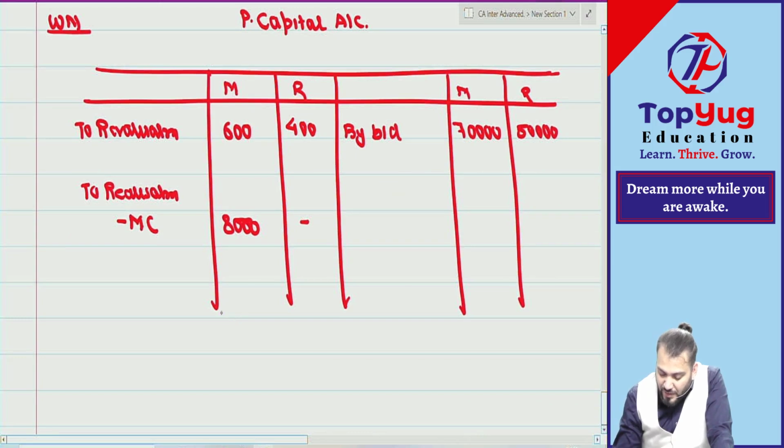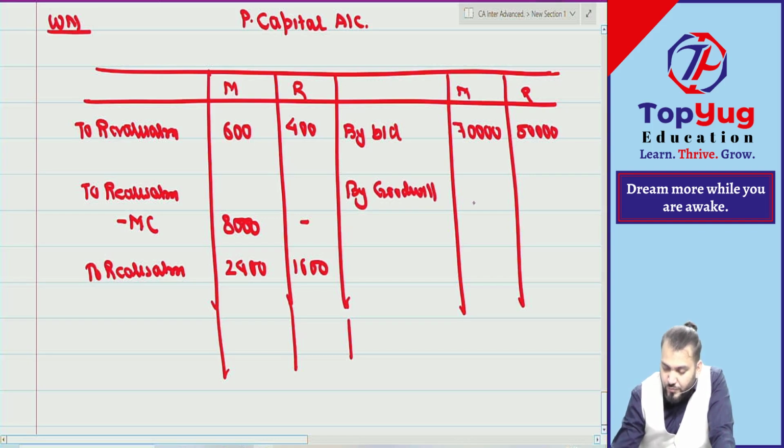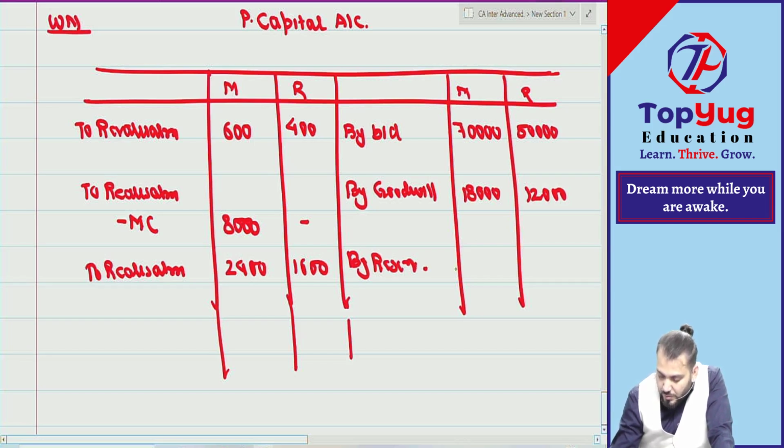Then there is a realization gain or loss. Loss. So to realization account how much? 2,400 and 1,600. Then by goodwill how much? 18,000 and 12,000. Then by reserve how much? 12,000 and 8,000.